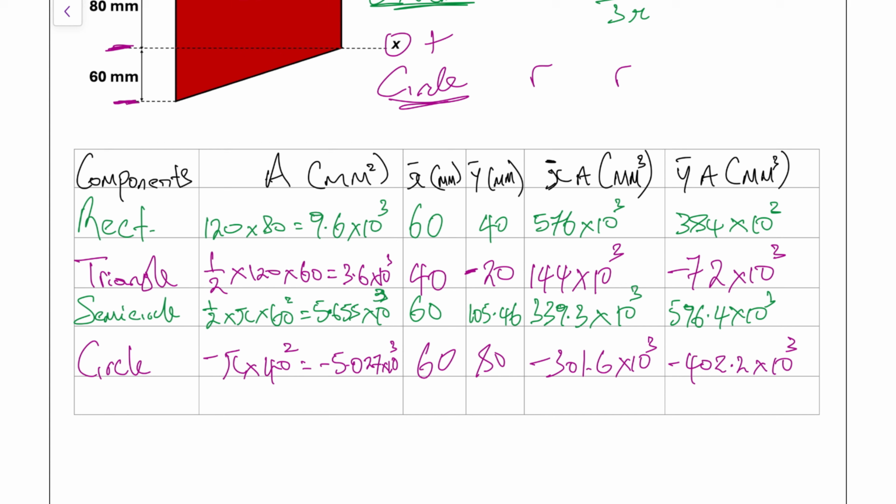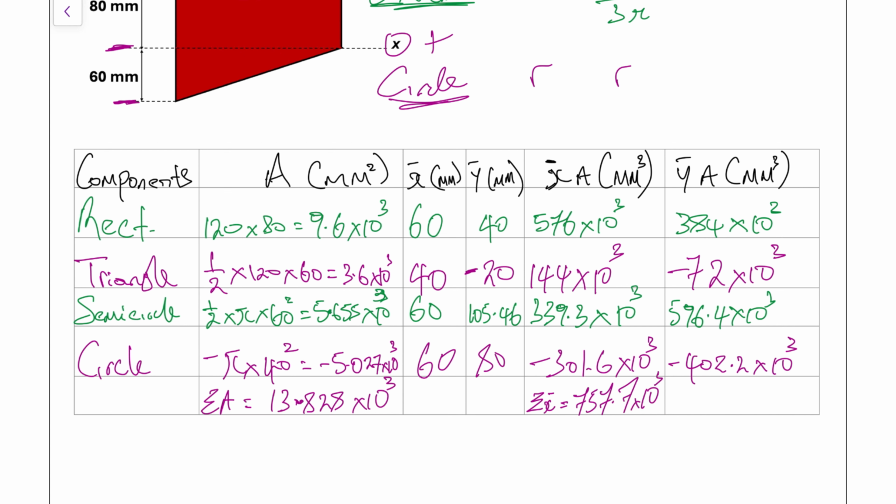So there are some columns that we need to sum now. We're going to sum our area. The sum of our area here will give us 13.828 times 10 to the 3. We're going to sum our x bar, and that will give us 757.7 times 10 to the 3.